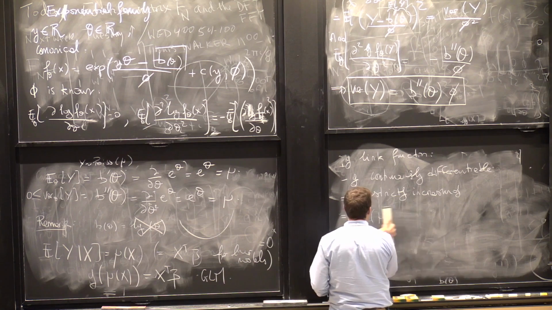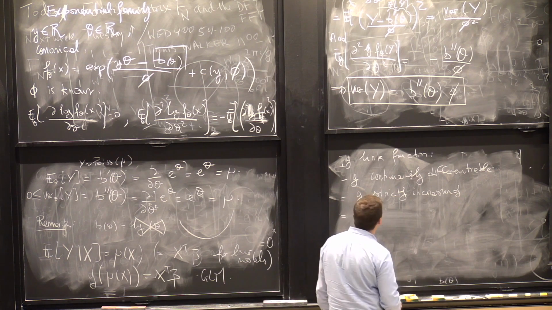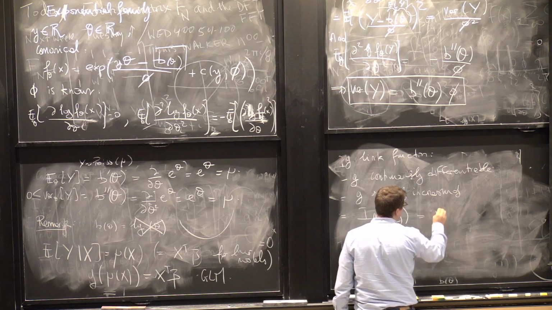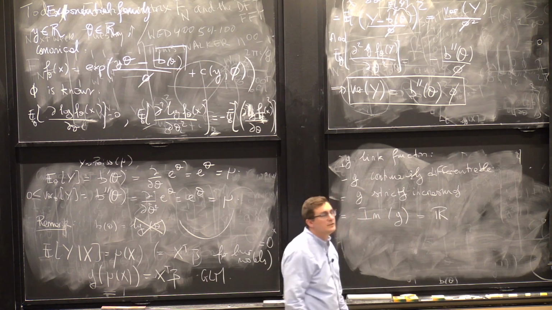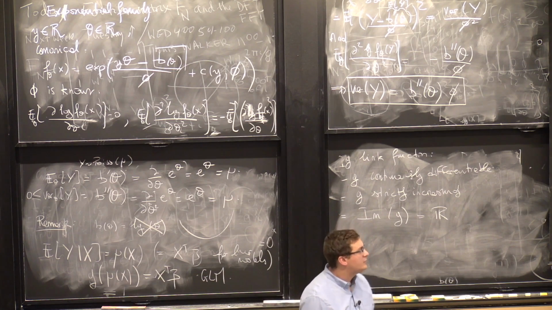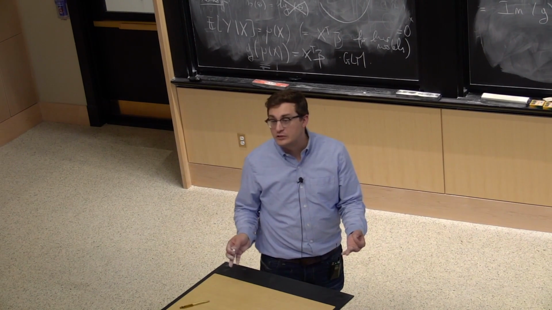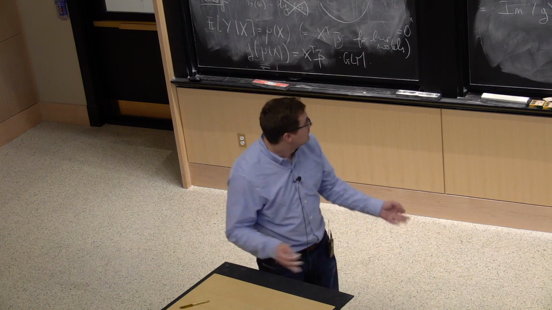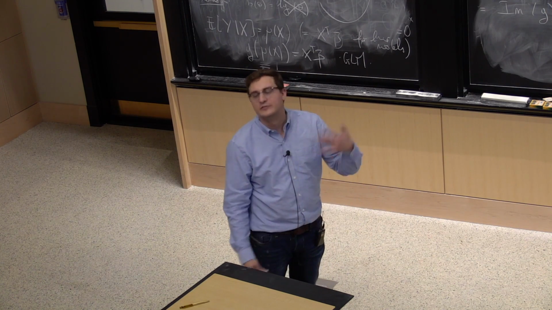Well, I want that g, as I range over all possible values of mu, whether they're all positive values or values limited to the interval 0, 1, I want those to span the entire real line so that when I want to talk about g inverse, it's defined over the entire real line.